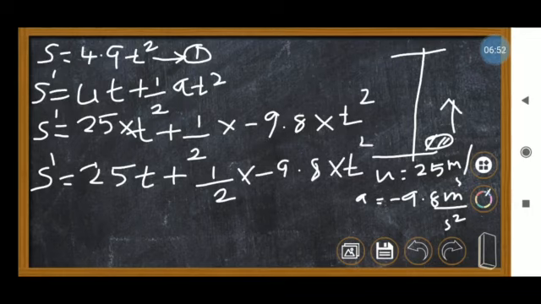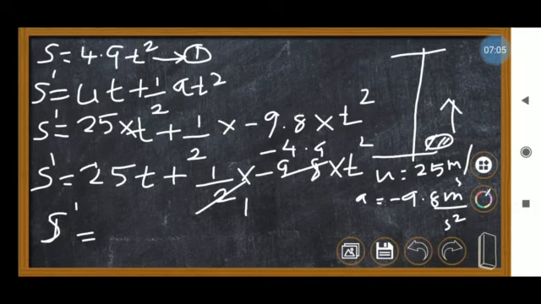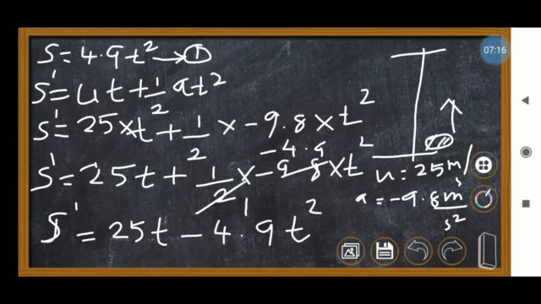Cancelling, half of 9.8 is 4.9, so s dash equal to 25t minus 4.9 t square. Can you understand?